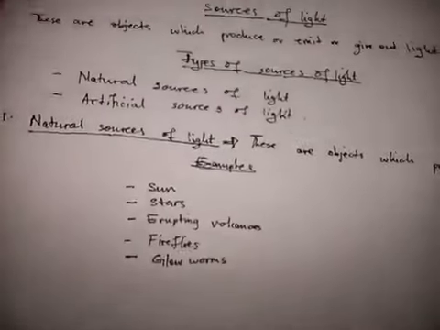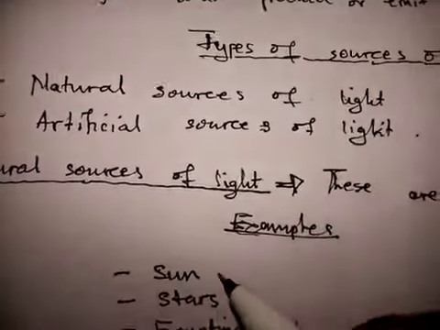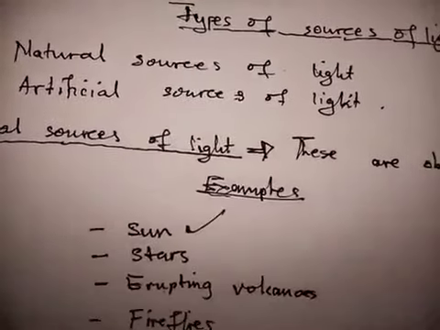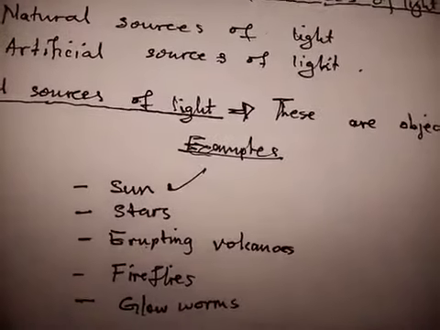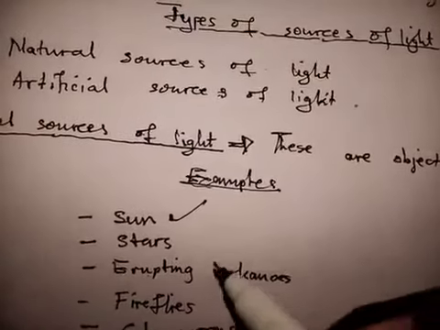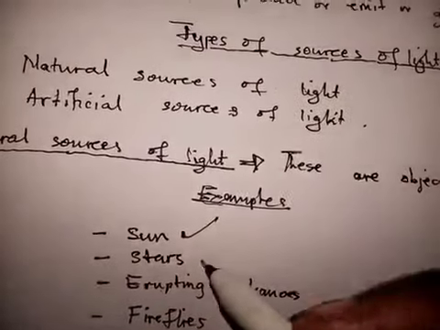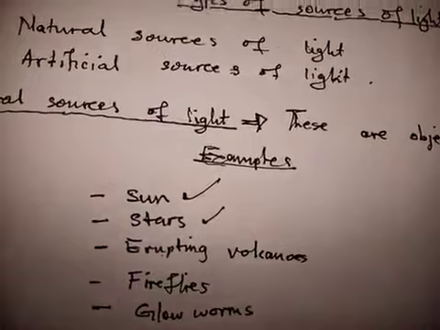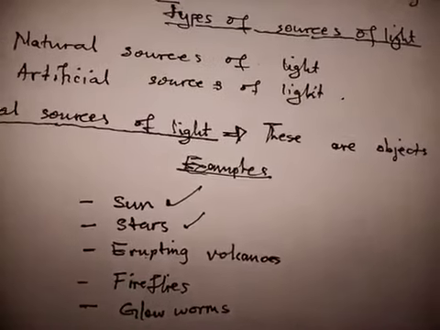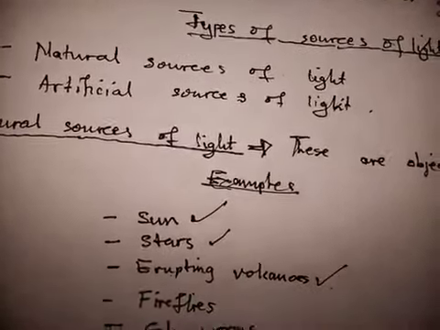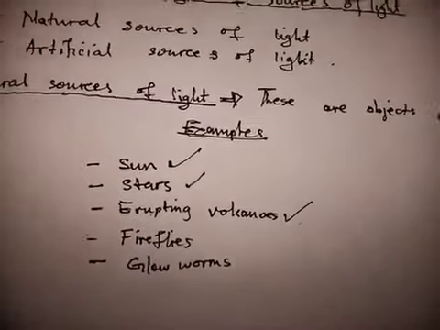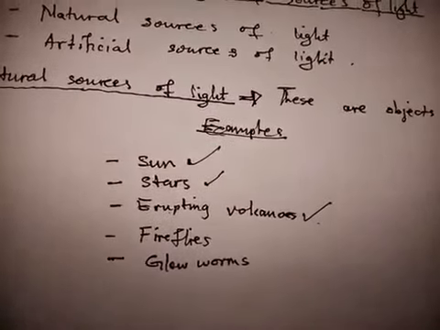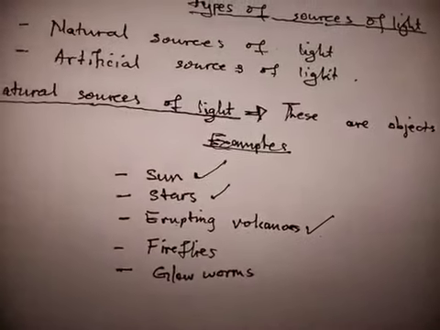If you have a look at the sun, this is the main source of energy in the environment. It was created by God. It is natural. Stars are also bodies which are found in the sky. We have erupting volcanoes. In your SST, you study volcanicity. During an eruption, light is also seen.